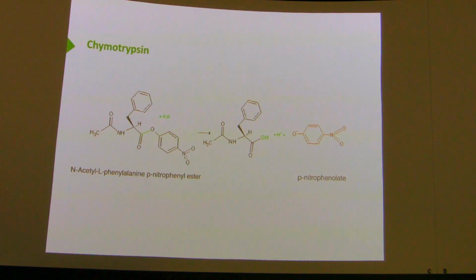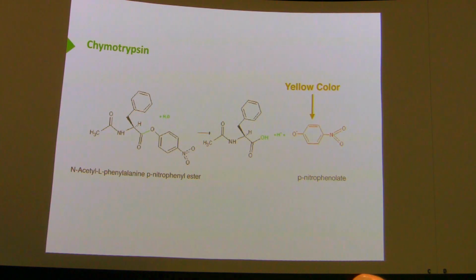Now, paranitrophenolate has the property that it's yellow. It's a very bright yellow. So when I start the reaction, when I add my chymotrypsin to this material, I have no color whatsoever. And then as the reaction proceeds, I get more and more yellow.